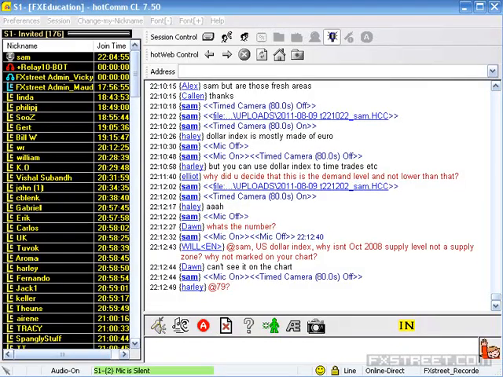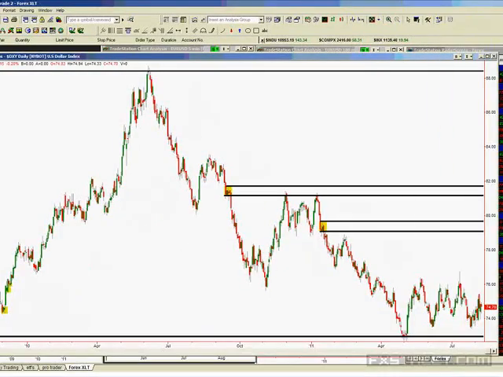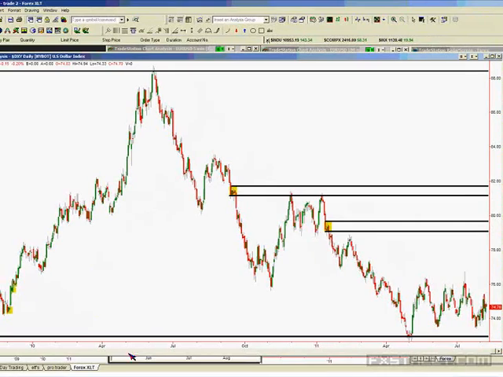Oh, you can't see it on the chart? Let me grab it again. That would be, let's see, 79 for the dollar. There's a pivot high right here, but again, be careful taking pullbacks to the pivots, especially this one. All right, excellent. Let's move on.